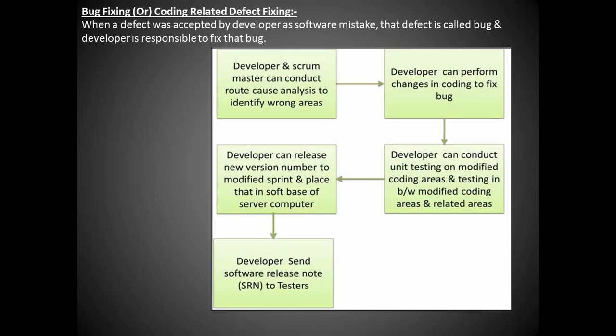The developer can conduct unit testing on the modified coding areas and integration testing between the modified coding areas and the related areas. Developers can release a new version number for the modified sprint and place it in the soft base of the server computer. Developers send a software release note, SRN, to the testers.